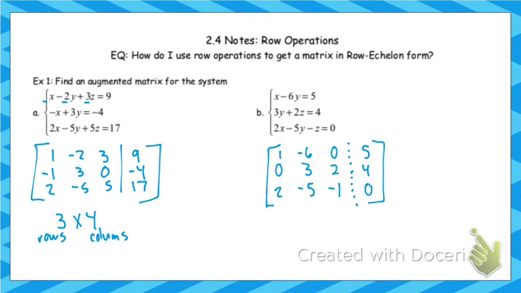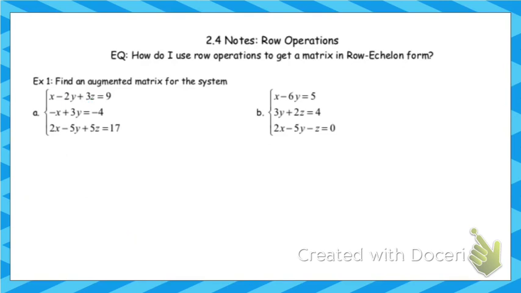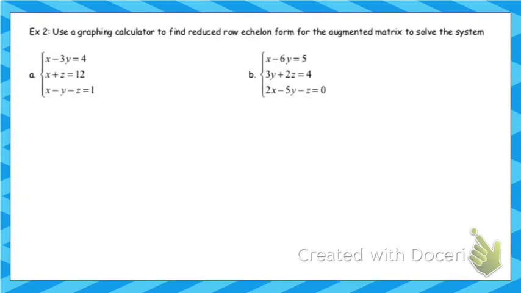Now, the reason that augmented matrix is important is it can help us find another way to solve systems. We're going to use our calculator to find something called reduced row echelon form. What reduced row echelon form does is it takes our matrix and puts it in a form where on the left side we're going to have a diagonal of 1s and a bunch of 0s and then some numbers.